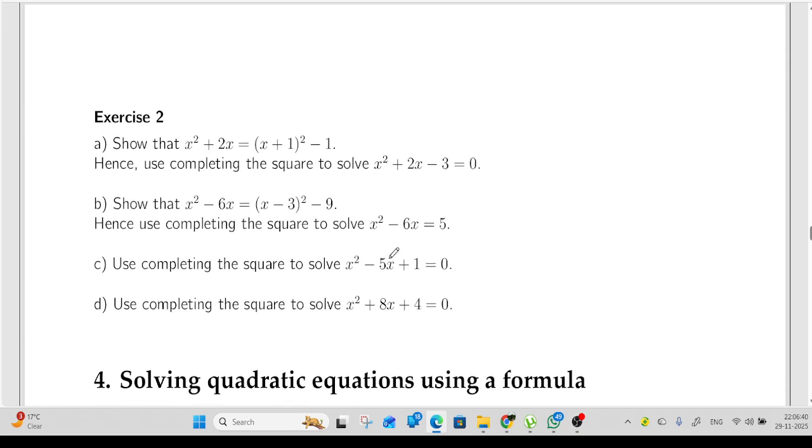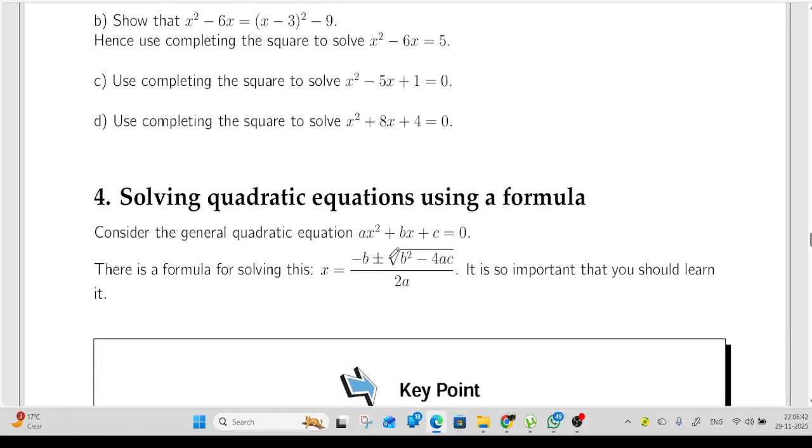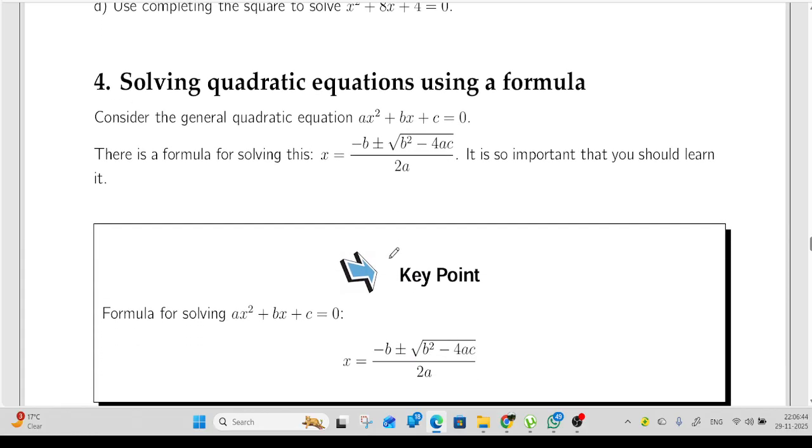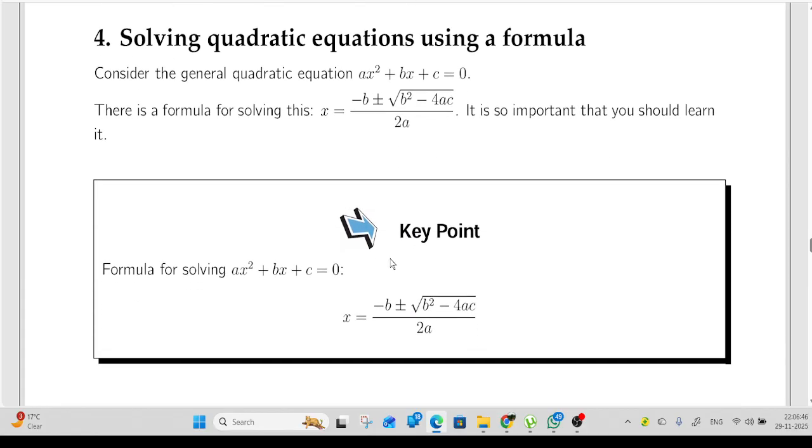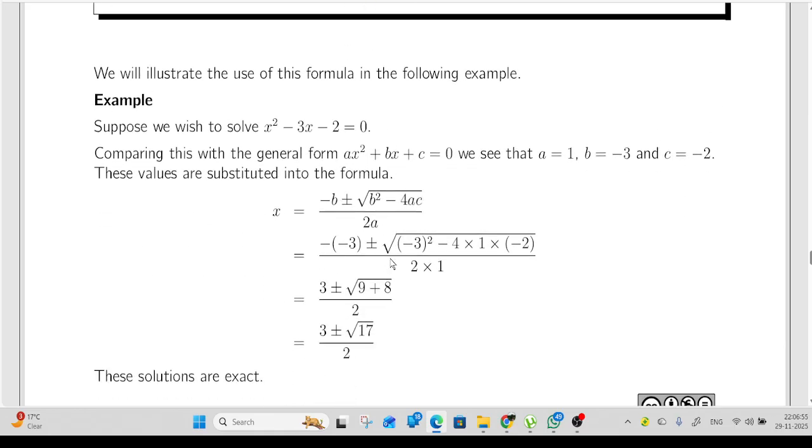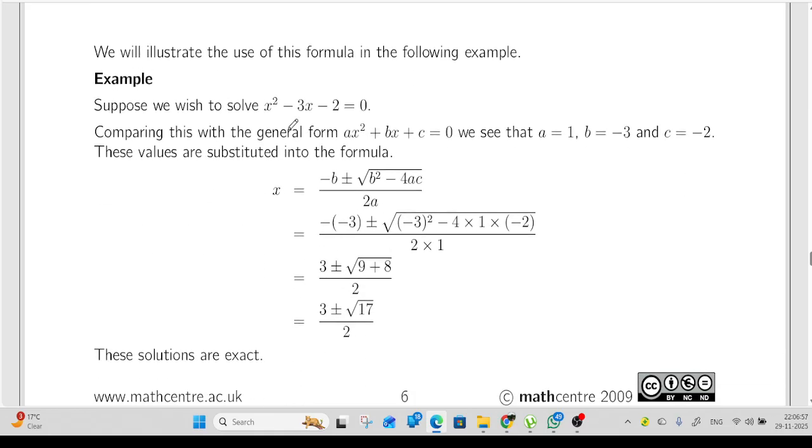Okay. Now another way of solving a quadratic equation is using a formula, which is called the quadratic formula. This is the quadratic formula. So let's do it. Suppose this is my question.